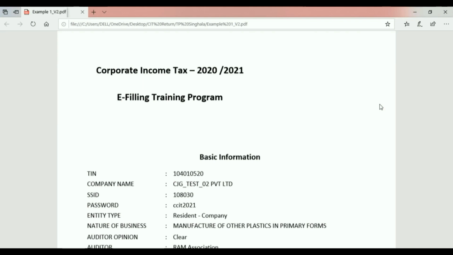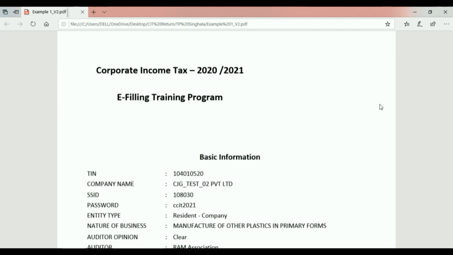Sometimes your assistant or the tax consultation firm prepares the tax return, and the company's authorized person reviews these documents, and finally you submit them. Earlier, you would sometimes do this through mail or by using manual documents. Firstly, you prepare the first draft, then discuss and make some changes.